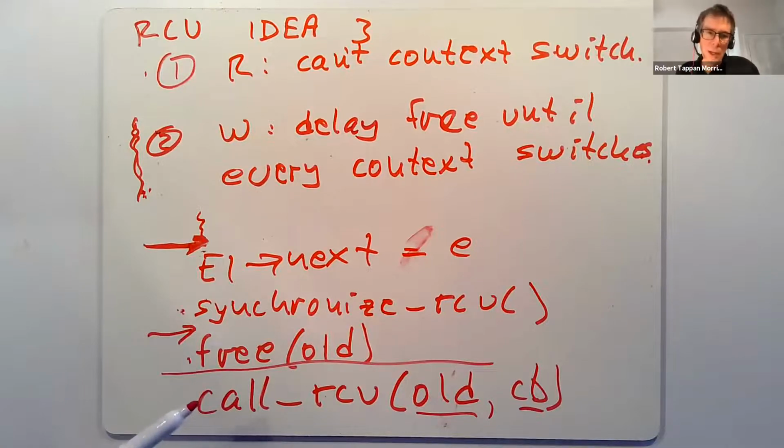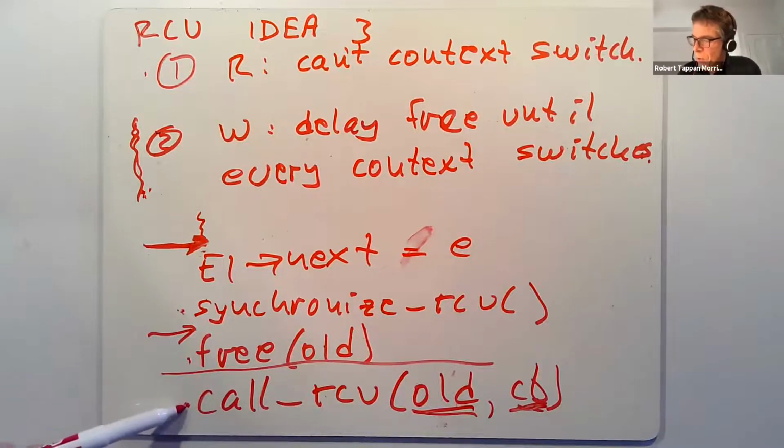And then it does some bookkeeping, typically involving looking at the counts of how many context switches have occurred on each core. The system, in the background after call RCU returns, does some bookkeeping to wait until all cores have context switched and then calls this callback function with this argument. And so this is a way of avoiding the wait, because this call returns instantly.